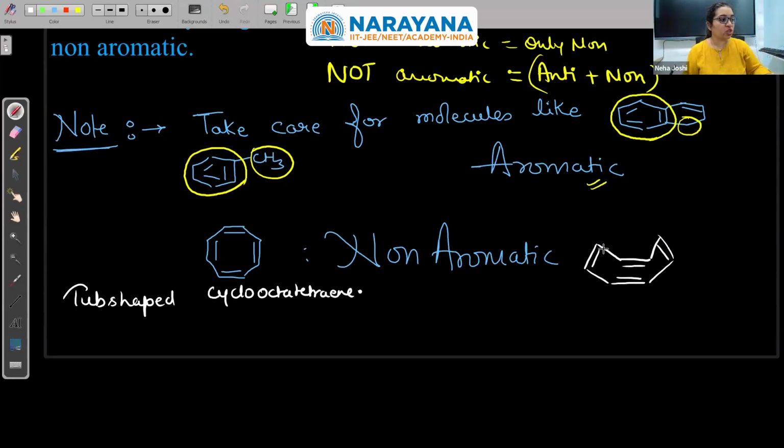Cyclooctatetraene is a tub-shaped molecule. So it appears to be anti-aromatic on paper, but it is non-planar. So for whatever reason, if a molecule is non-planar, it is going to be non-aromatic. That is a fixed rule to follow.